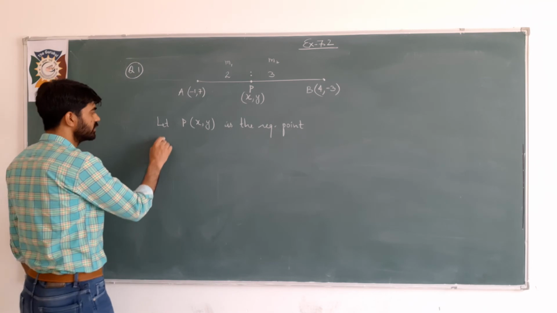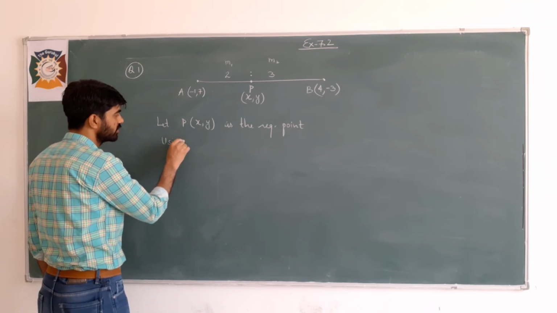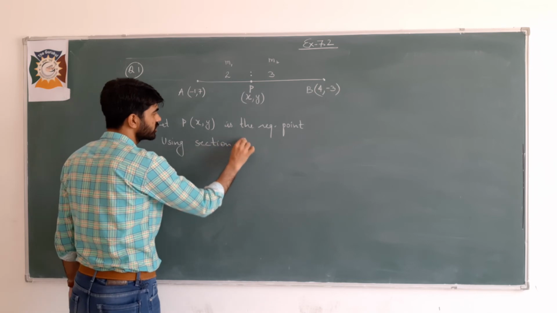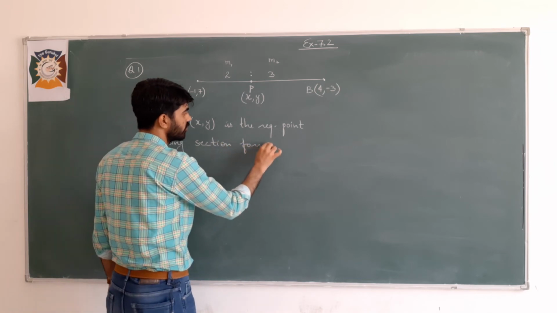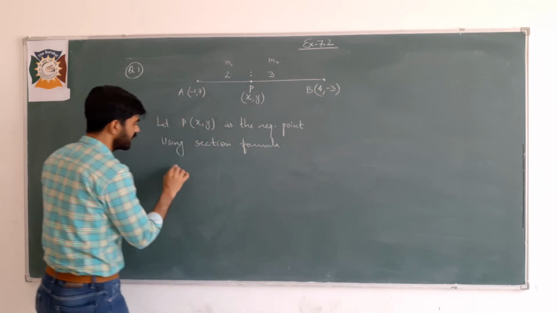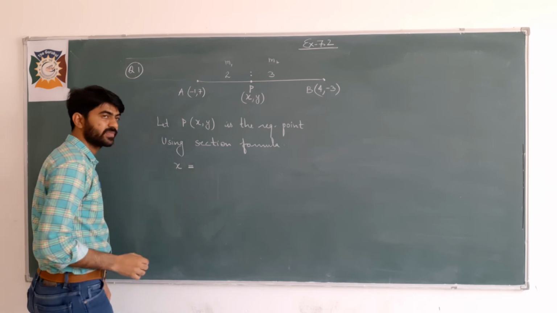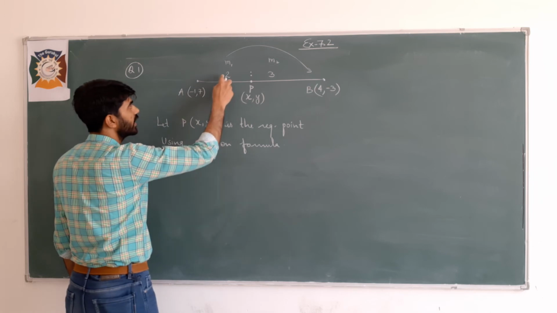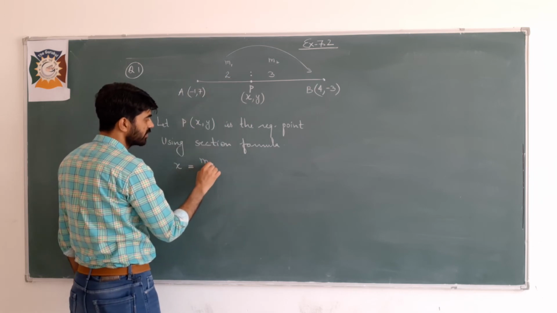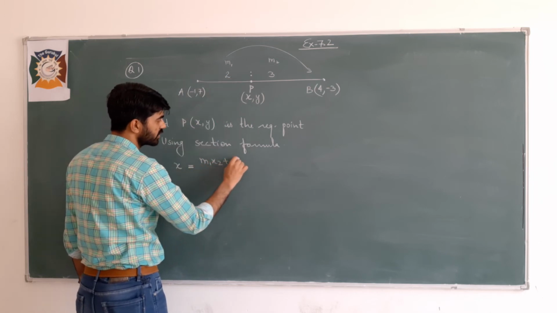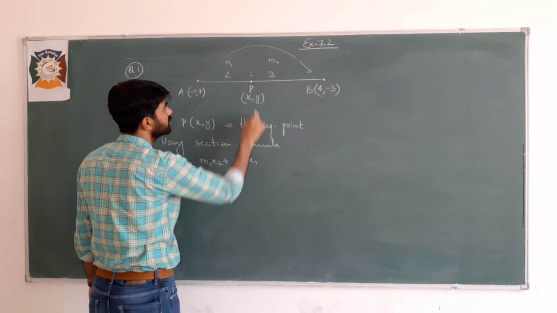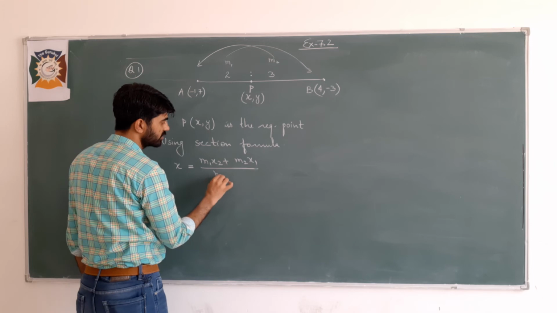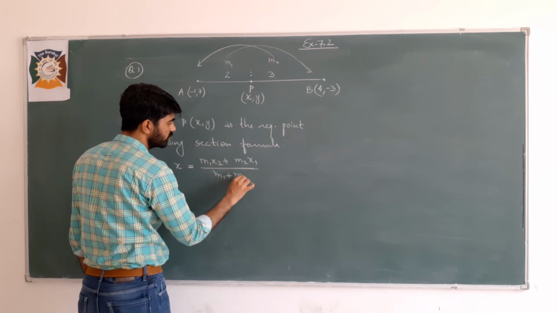So using section formula, x is equal to what? x is equal to m1 x2 plus m2 x1 upon m1 plus m2.